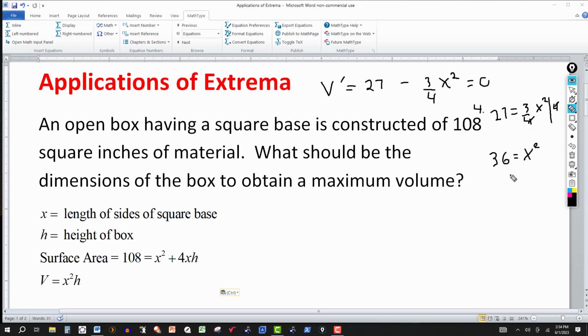Take the square root, get x equal plus or minus 6, but obviously in this case we're only interested in positive values since we're dealing with length and area and so forth. So this is going to be 6. And then to confirm, let's test it using the first derivative test.